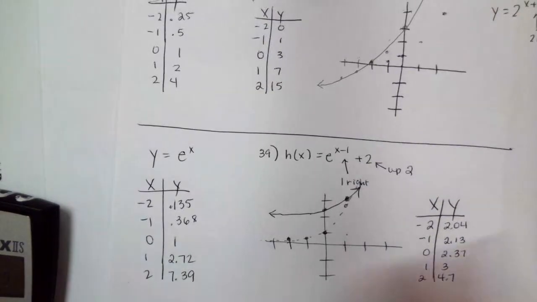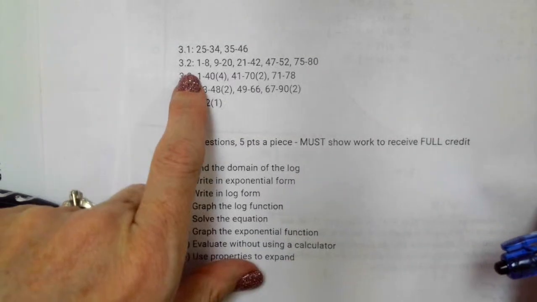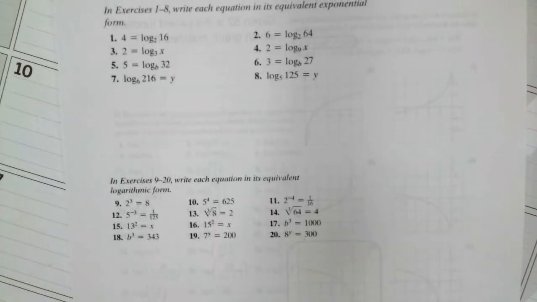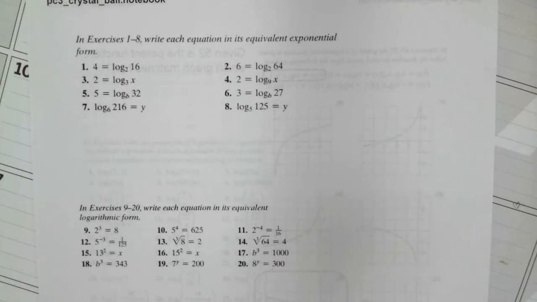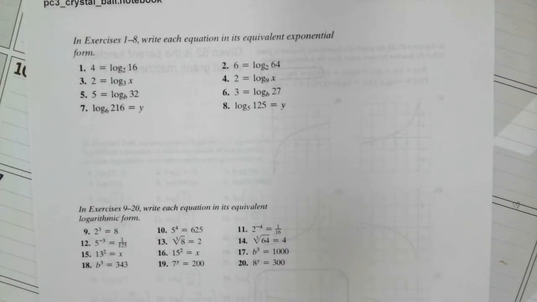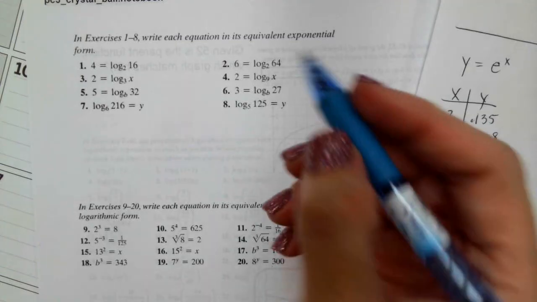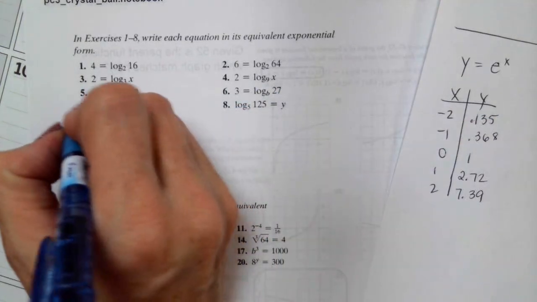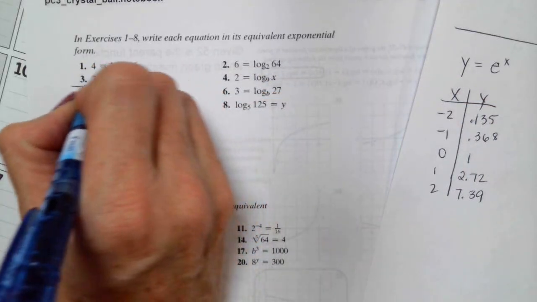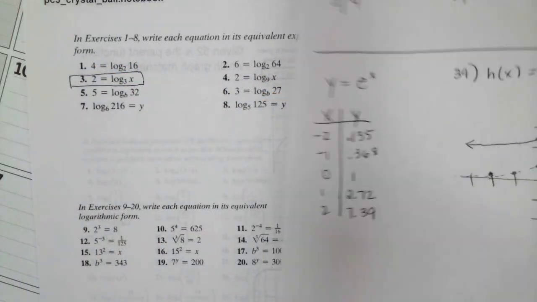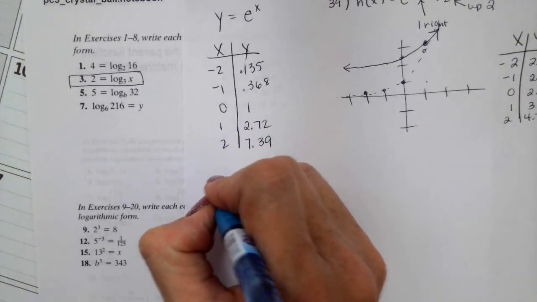Now let's go ahead and take a look at 3.2. So 3.2, we have a problem from 1 through 8, which is write each equation in the equivalent exponential form. Let's pick number 3.